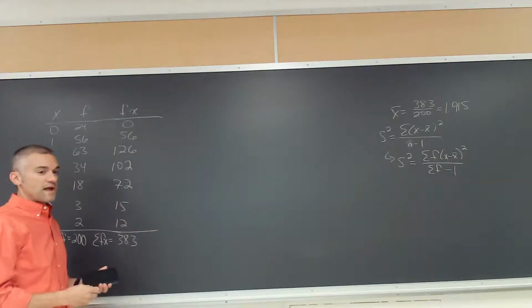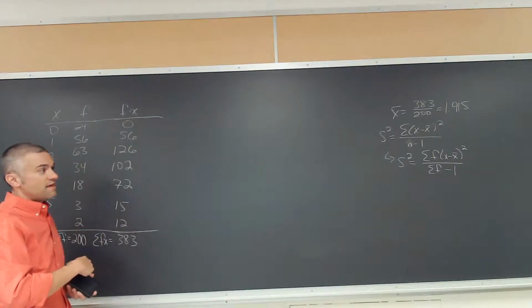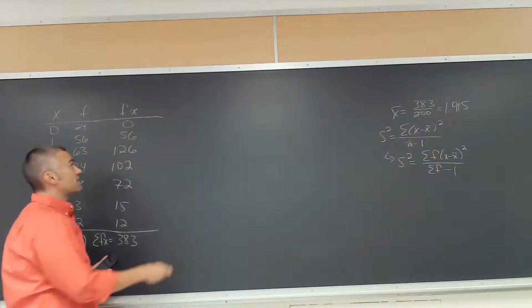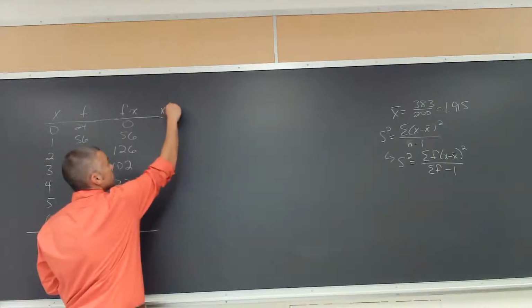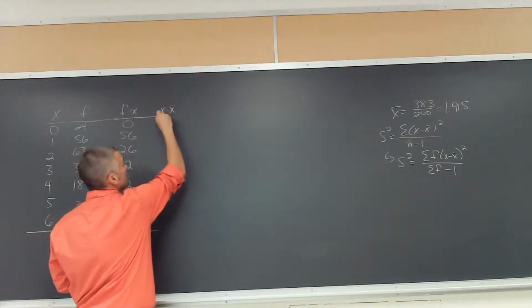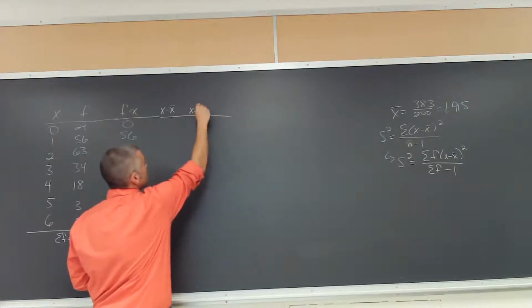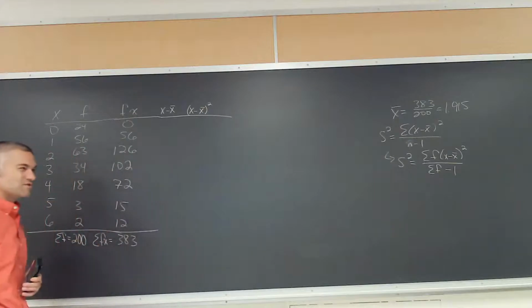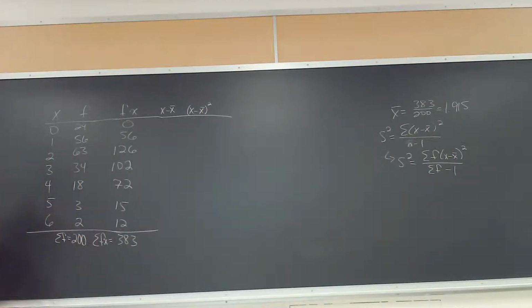So what we would have to do, we have our averages, and then we go and calculate x minus x bar and then square. So x minus x bar, and then x minus x bar squared. Two different columns to do it this long way. Well, what's our x? This is our x.